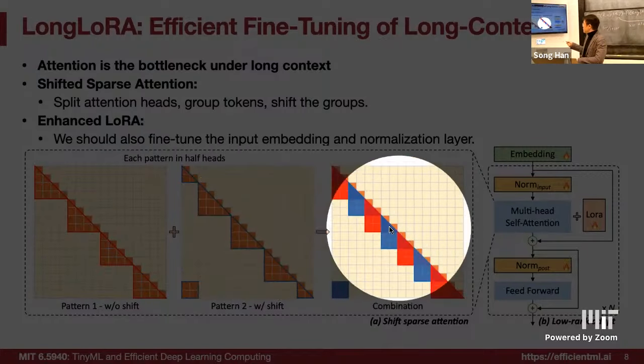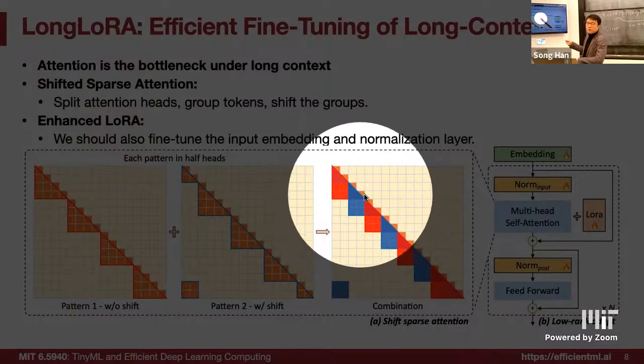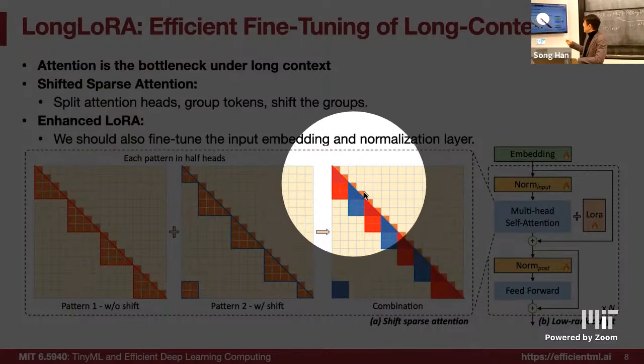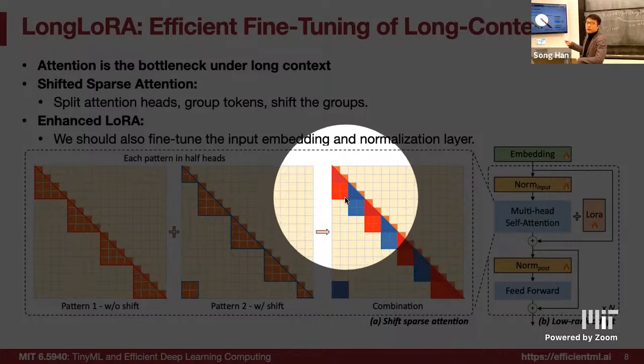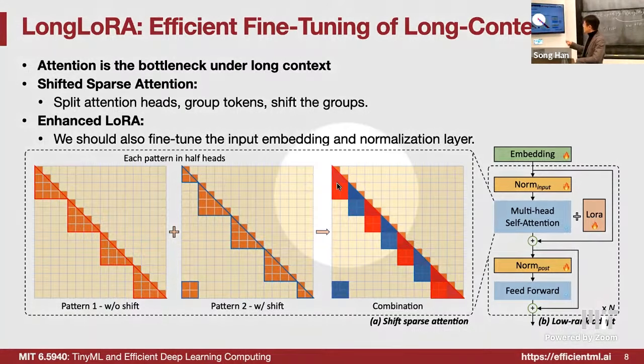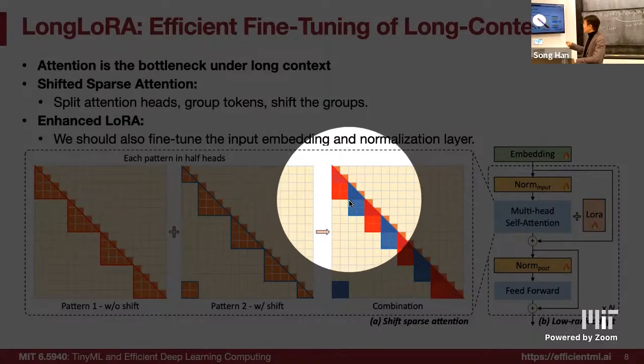So what happens if we put them together? We will see these 2 groups, the red group and the blue group, will talk to each other through the intersection right here, since we are shifted by half. So now all the tokens can effectively talk to each other. If you stack just one layer, this red and this blue can talk, 1 to 1.